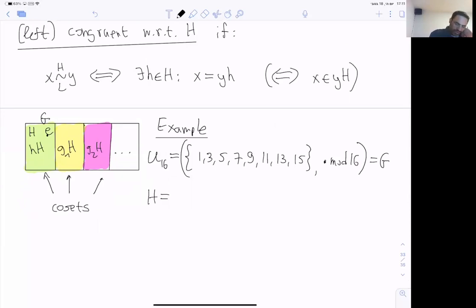Now we take a subgroup. For example, let's take what is generated by 9. So what is it? We have 1, which is E, 9, then 81 modulo 16. How much is it? 81 modulo 16. Yeah, I think it's 1.